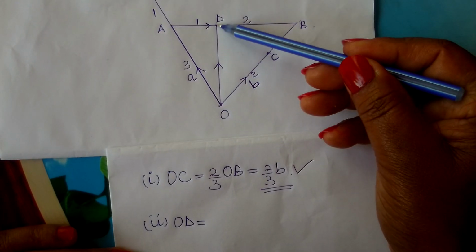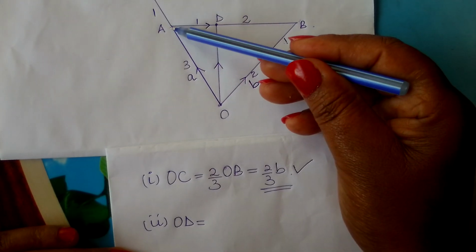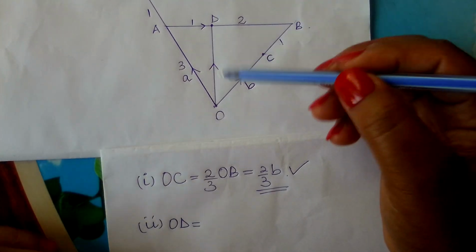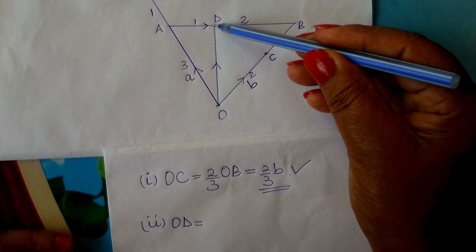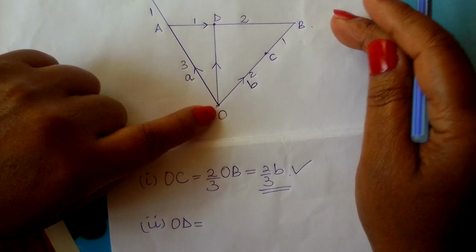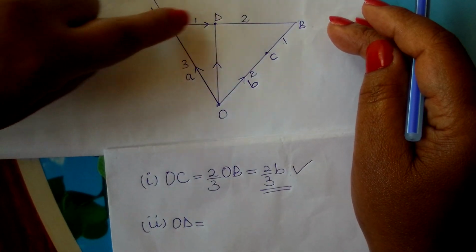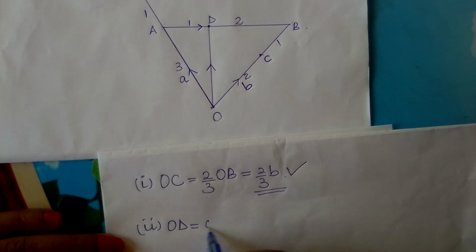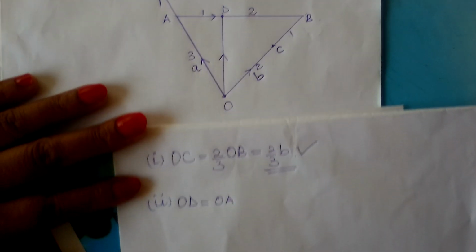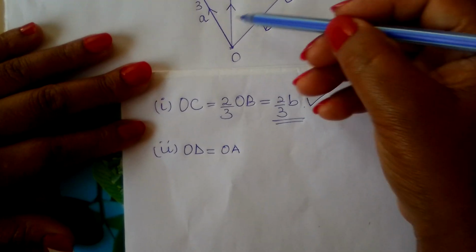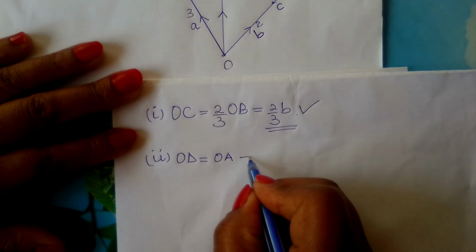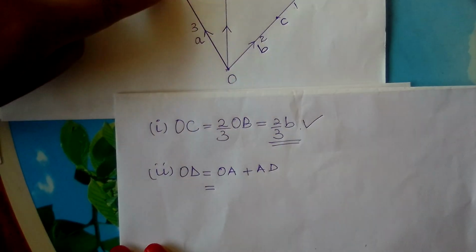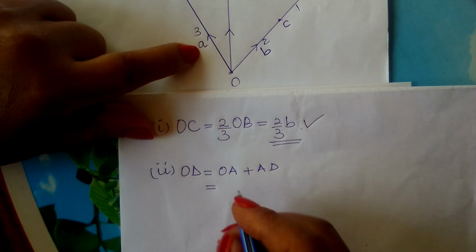Vector OD, learner, is the same as OA plus AD. You imagine you are moving for you to understand. Suppose you wanted to move from O to D. You can as well follow this route, OA, then AD. So we normally say that vector OD, therefore, is equal to OA plus AD. OA, learner, is small a.